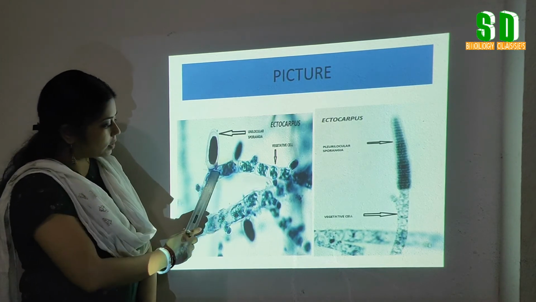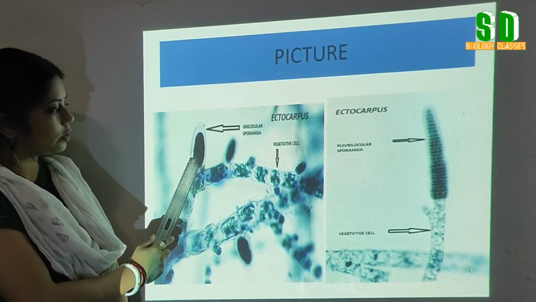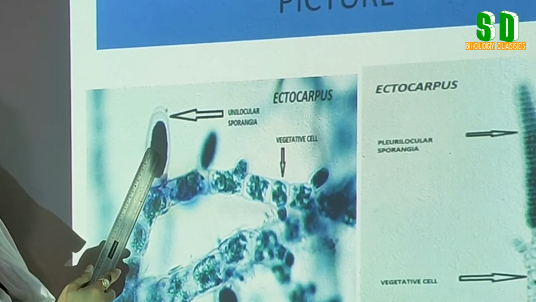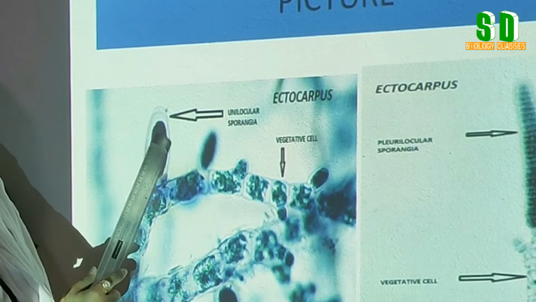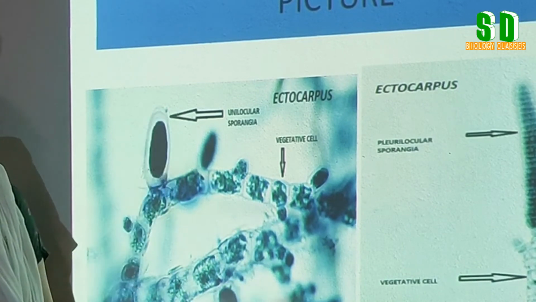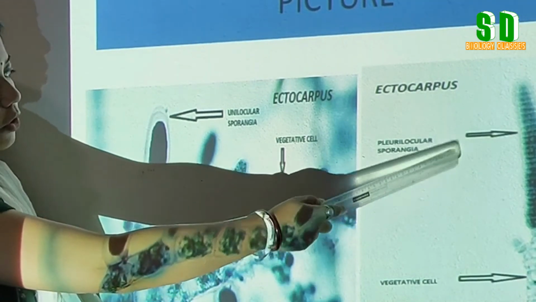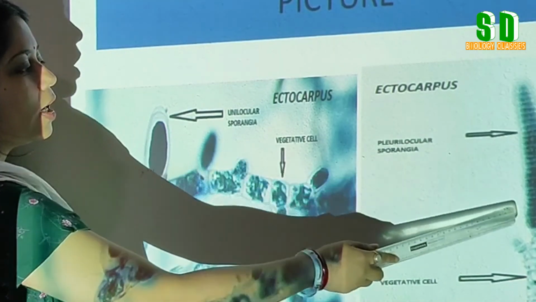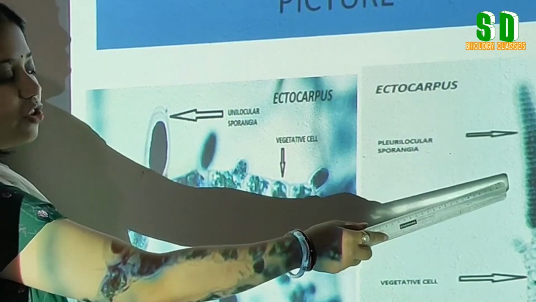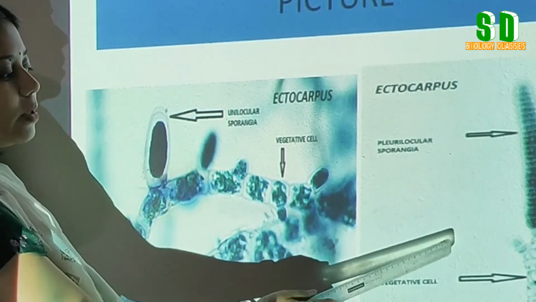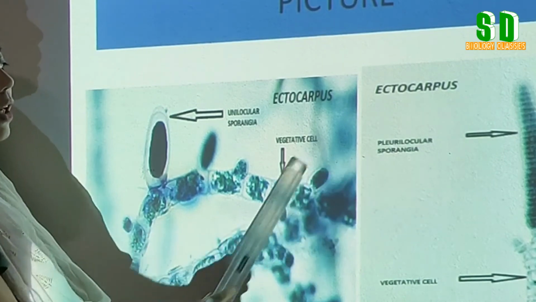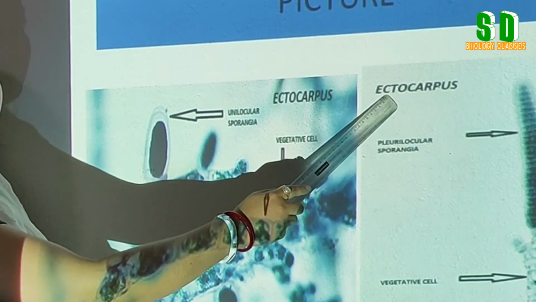These are the vegetative cells and this is the unilocular sporangium. It undergoes meiotic cell division and gives rise to haploid zoospores. And what is a plurilocular sporangium? In this case, the sporangium contains a large number of cells which give rise to diploid zoospores. Both of them you can see in the members of Ectocarpus.